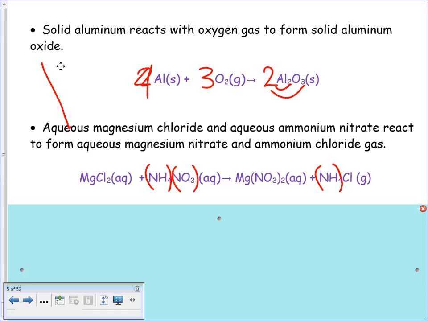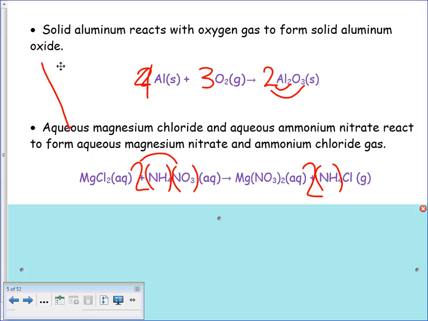Coefficient of 2 over here. Okay, that means I have 2 chlorines, but also 2 ammoniums. Do I have 2 ammoniums over here? No, so what do I need here? A 2. Okay, so now I've got 2 ammoniums. Good. Also, that means I have 2 nitrates. What do I have over here? 2 nitrates, and I'm good.